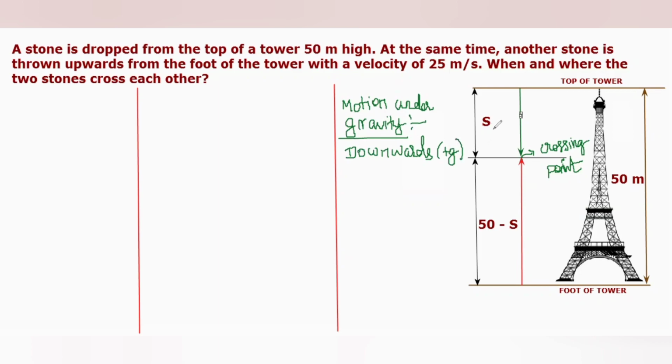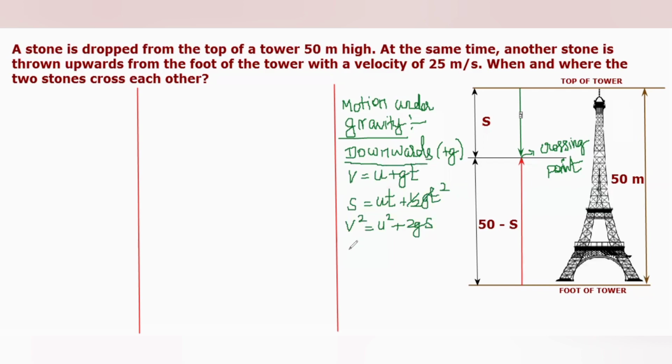Generally we take this as height, but here we take S and 50 minus S. So I'm going to write the formulas: V equals U plus GT, S equals UT plus half GT square, V square equals U square plus 2GS. This is when the motion is downwards.